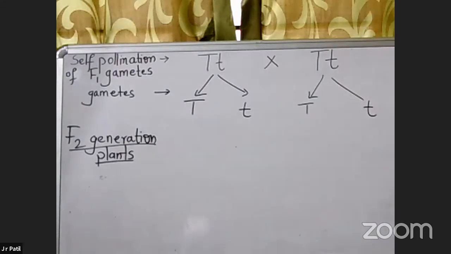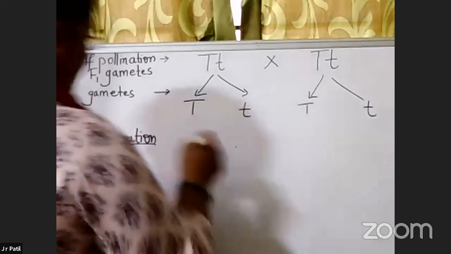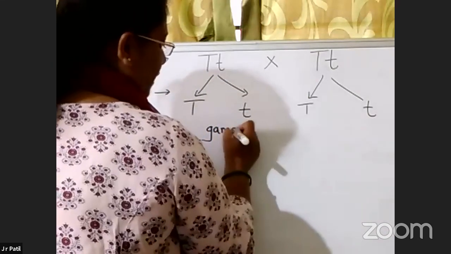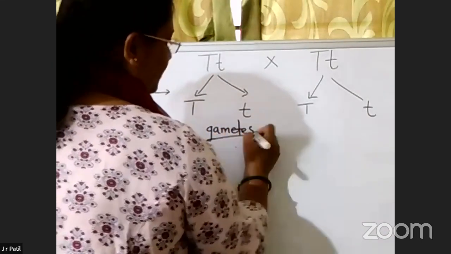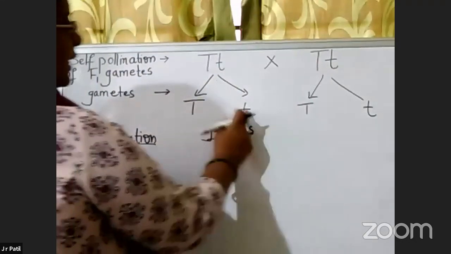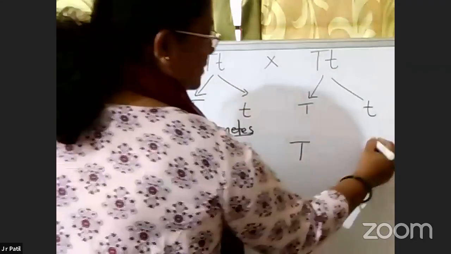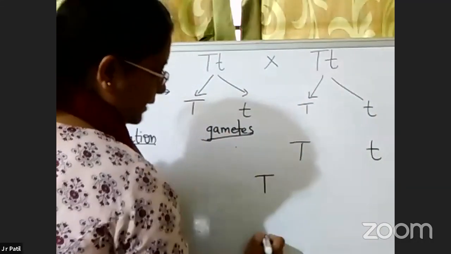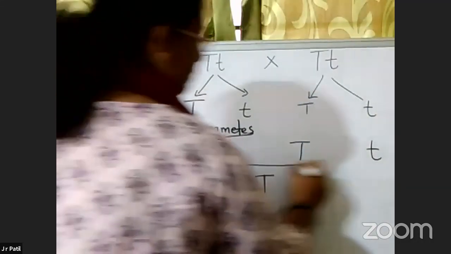Now, how will these plants be? That we will find out by using a checkerboard. The way I write the gametes like this, we call it a checkerboard. Then these two T also are there, so I will write like this and make a box.